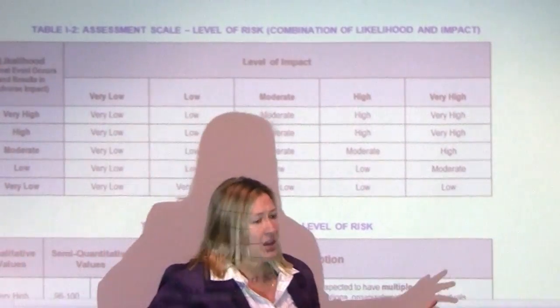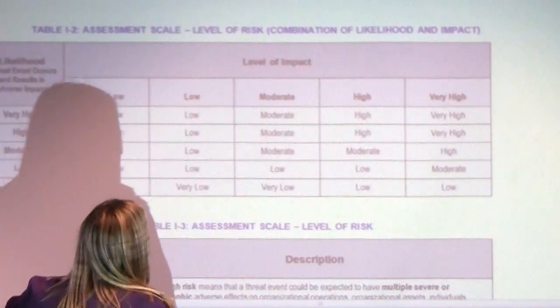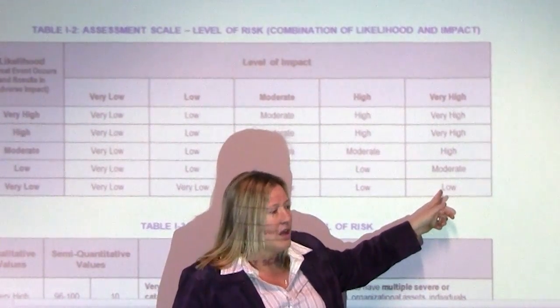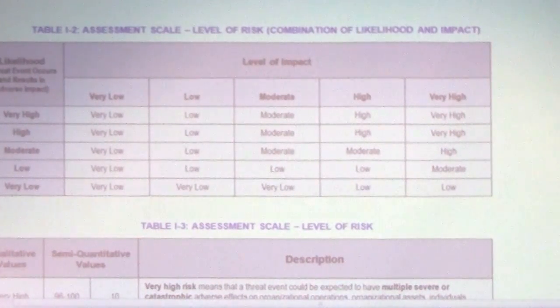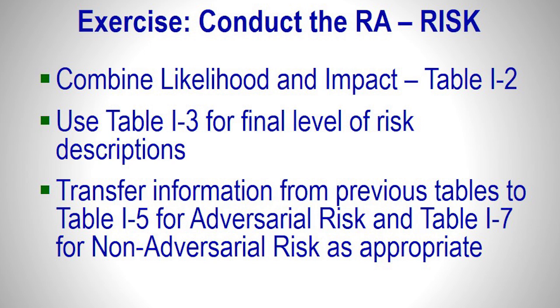We had some comments on 30 Grub 1 that some people weren't happy with very low and very high equaling low. Some said that should be moderate, and if you feel strongly about that, you're able to modify these tables. This isn't a law written in stone. You can change these tables, but in any case, let's go ahead and come out with our final risk determinations based on our likelihoods and impacts. Let's be quick about that and take no more than 5 minutes.